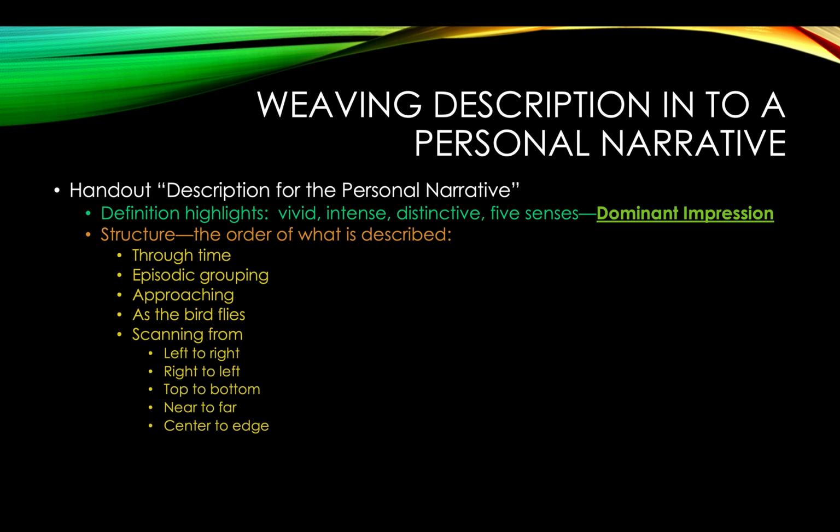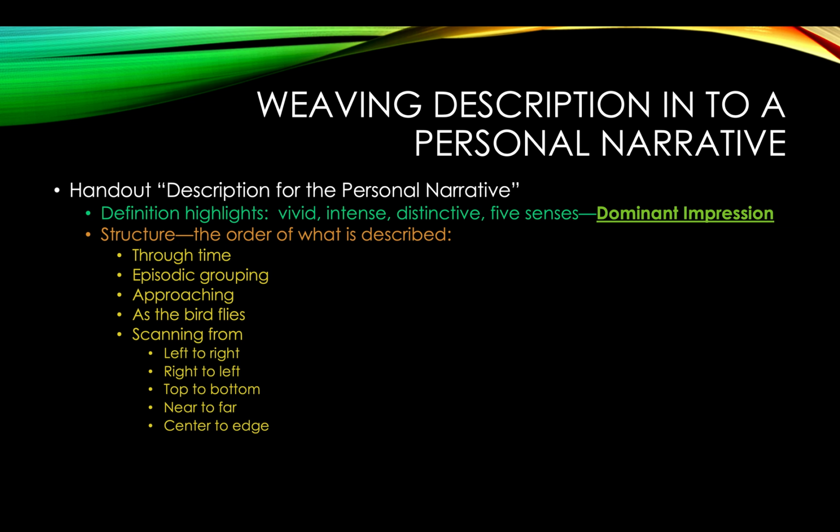The definition for the personal narrative is vivid description creates an intense, distinctive image, one that seems to bring words to life. Writers use description to help their audience feel the associated feelings that link with whatever they are describing.